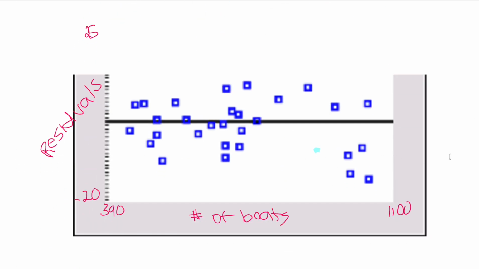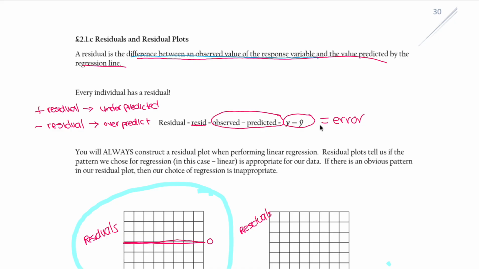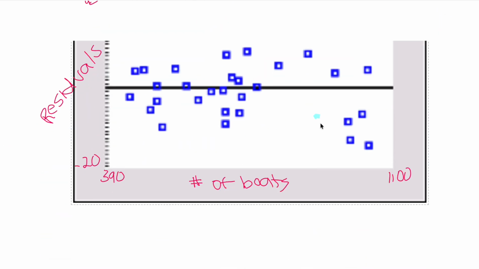So here is a screenshot from my graphing calculator, showing what a residual graph actually looks like. Sorry, it does not completely show fully, but you can get the idea. So if this is the residuals on the y-axis, then the x-axis will be the number of boats in this case, which is also the individual variable.